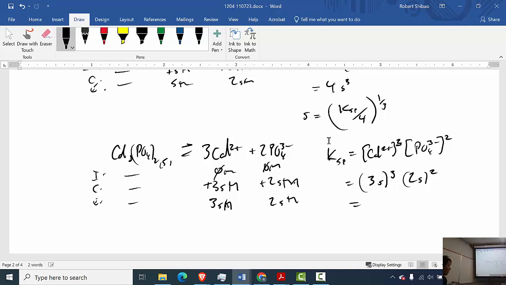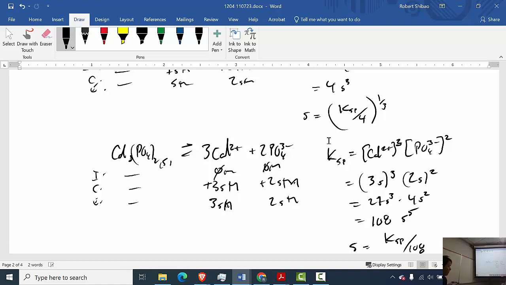And so 3 cubed would be 27s cubed and 4s squared. And so 4 times 27 is going to be 108 s to the 5th. So the solubility is going to equal the KSP divided by 108.